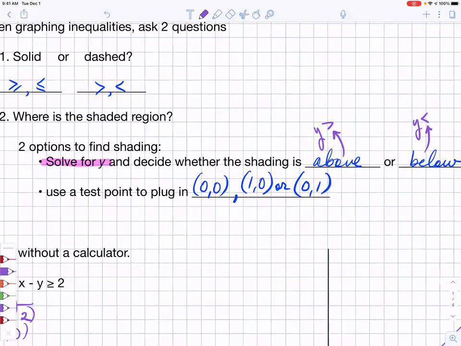You see what I'm saying? So that's why I gave you several different options. 0, 0 would always be my first choice. But if my line or my parabola or whatever goes through 0, 0, I can't use that for a test point. So that's why I gave you a couple of different options there.